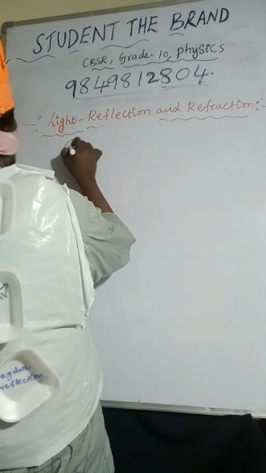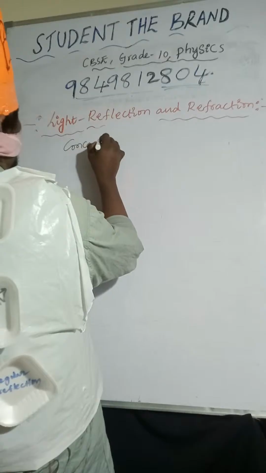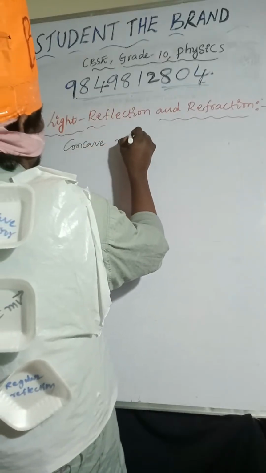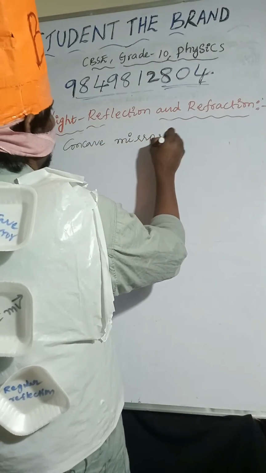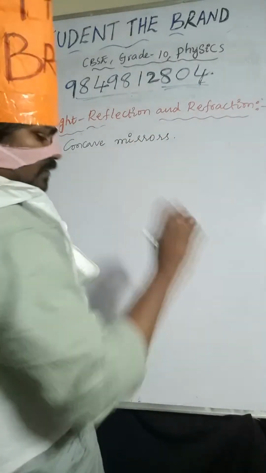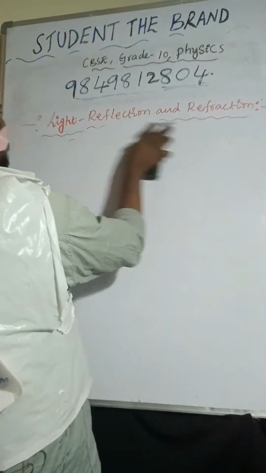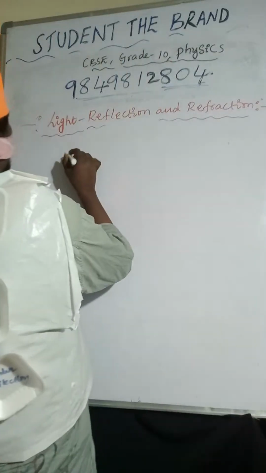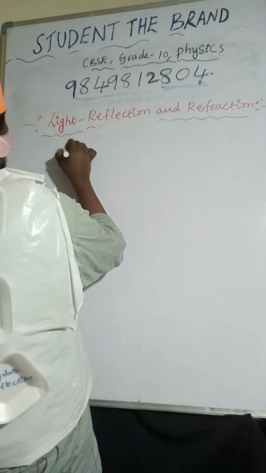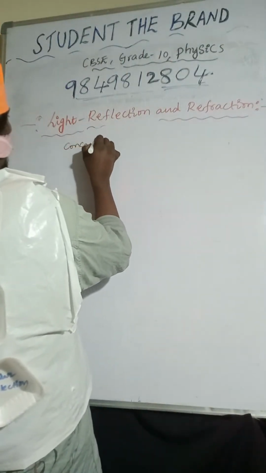Now concave mirrors. Concave mirror. So spherical mirrors are of two types. One is the concave mirror and the other is the convex mirror. So spherical mirrors. Concave, I will draw.